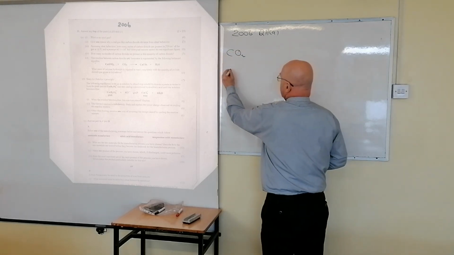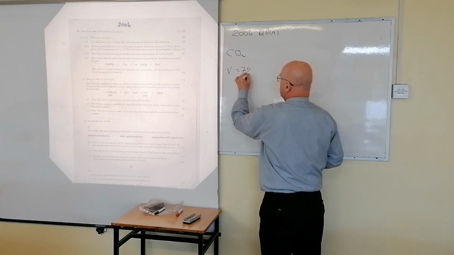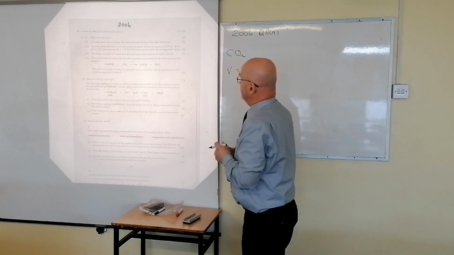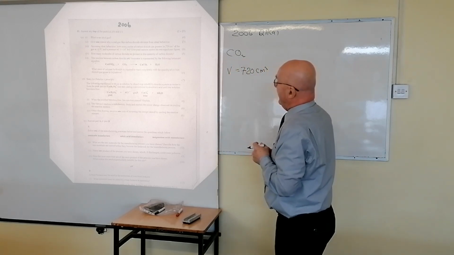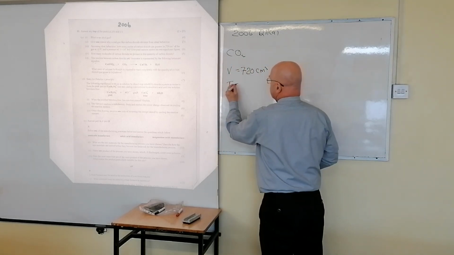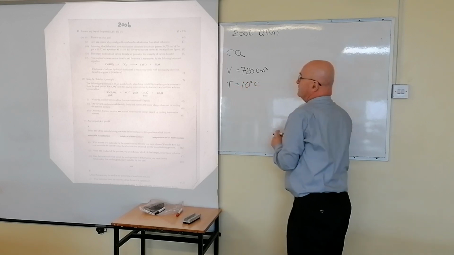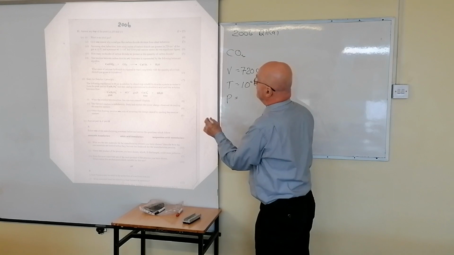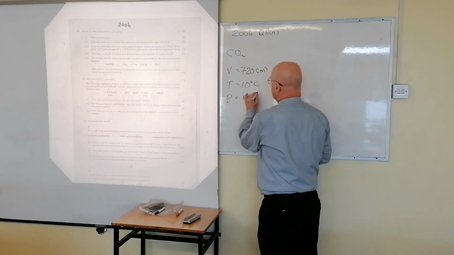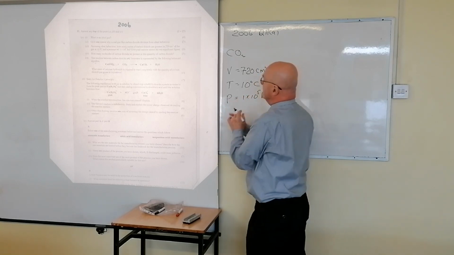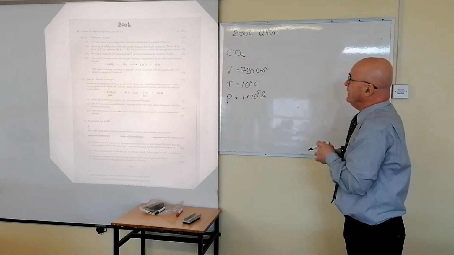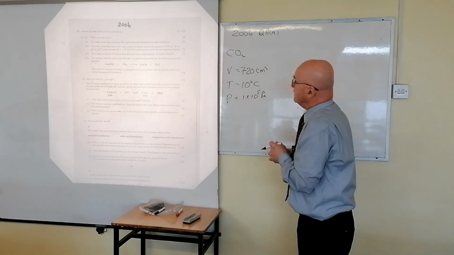V equals 720 centimeters cubed, right there, okay? And the gas at a temperature of 10 degrees Celsius, and it gave you the pressure of 1 by 10 to the power of 5 pascals. Now always check you have it down right, that's correct. And it asks you to give your answer to one significant figure.